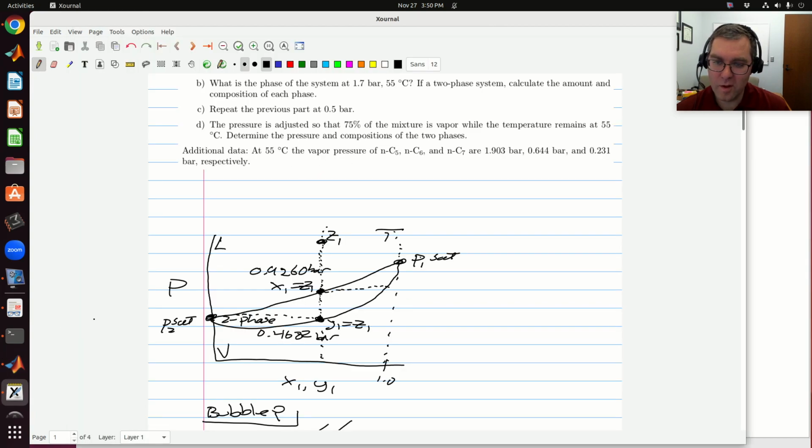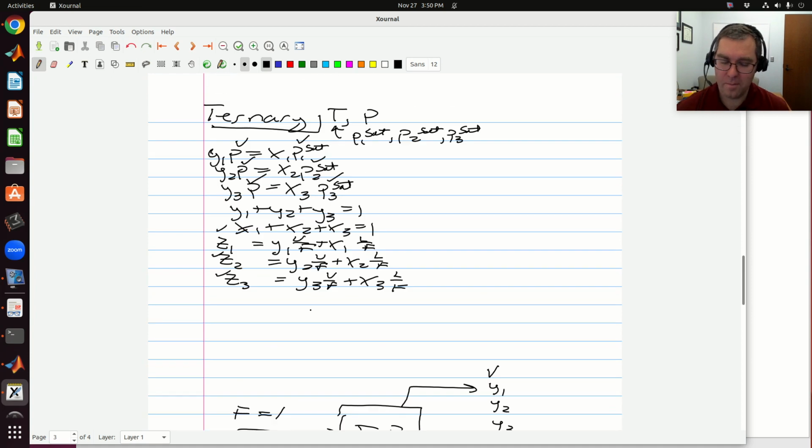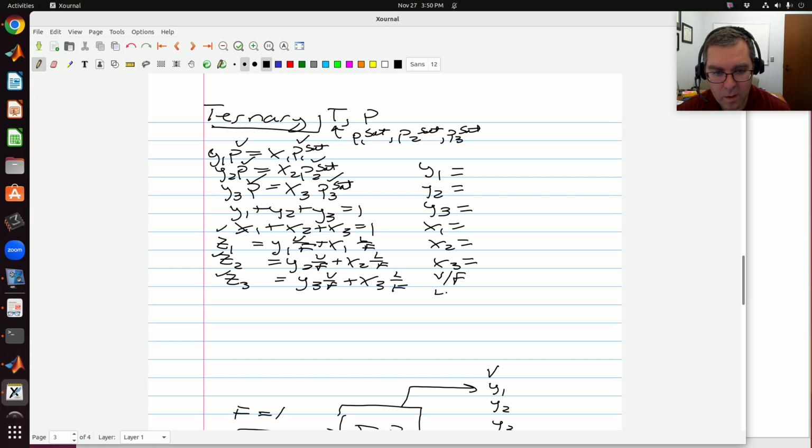Cool. So if I were to write this out, let me just write it out for completeness so you can see it, because then we'll just update this for the next problem. So y1, y2, y3, x1, x2, x3, then we had v over f and L over f.